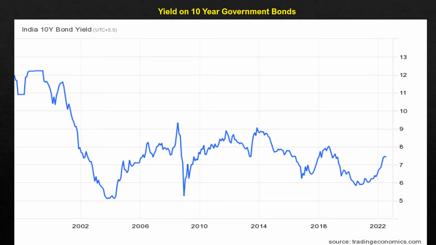Now here again, let's have a look at the structural direction. We can clearly see that the structural direction is that of a fall here. The yield, which is the market expectation on these government bonds, was as high as 12% in the 90s, and then it has fallen to now about 7.5%, right?